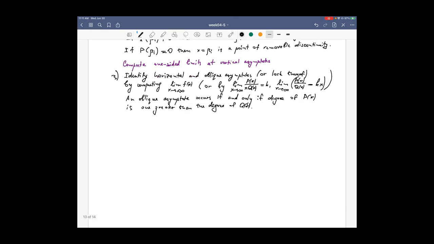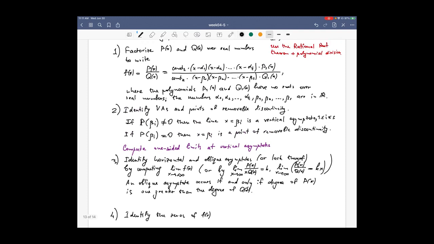The next step is to identify the zeros. What are the zeros of f? Well, the zeros of f are all those alphas that are not roots of the denominator q.